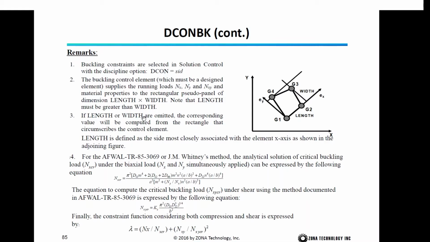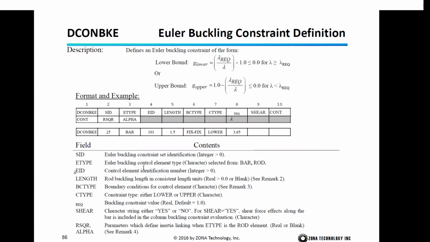If the length and width are not input, the corresponding values will be computed from the rectangle of the control element. So we have many different ways to define this panel buckling constraint.